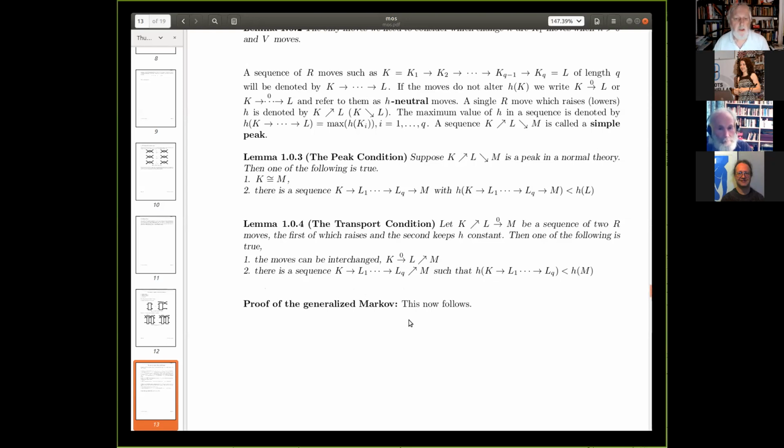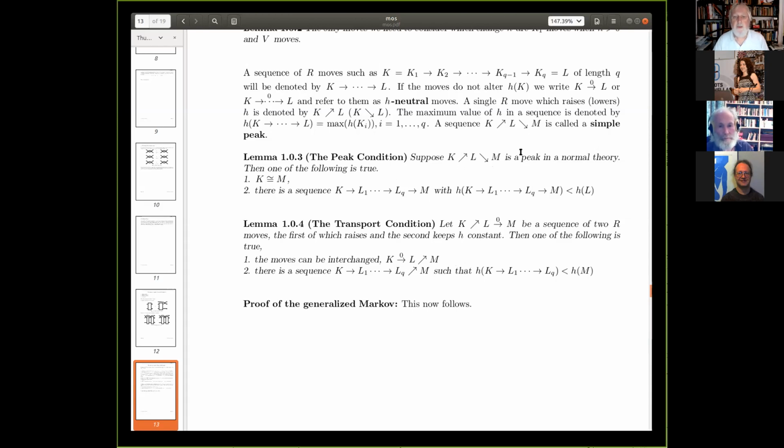So now I think you can all see how the proof of the generalized Markov theorem goes. You see, if H increases at all from 0 and then back down to 0, somewhere along the line there's a plateau. All right, it might be a little peak, but it could possibly go up, go along, and then down again. In which case, by the transport condition, we can push all the ups to the right.